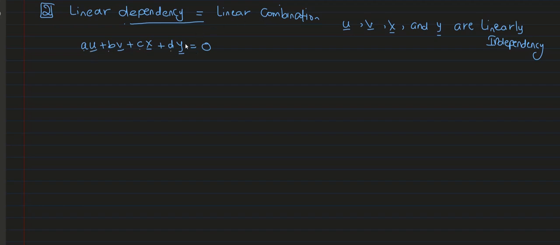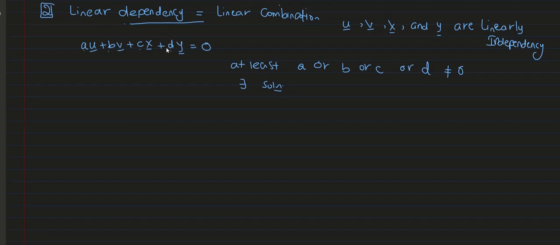And we know that if this relation has at least a single solution, and at least one of these multiples A, B, C, D is not equal to 0, so at least A or B or C or D is not equal to 0, and there exists a solution for that system, therefore, we will say that there exists linear dependency between U, V, X, and Y, and linear combination.